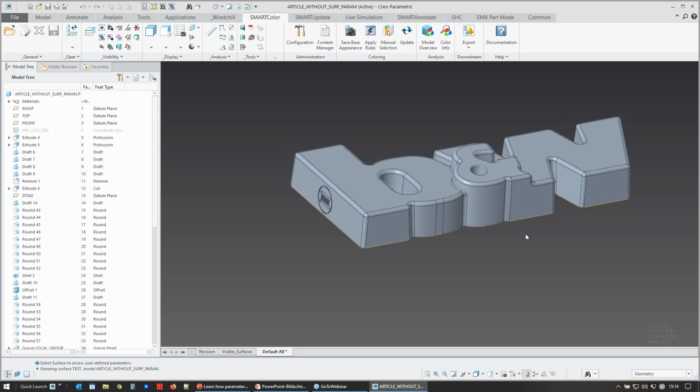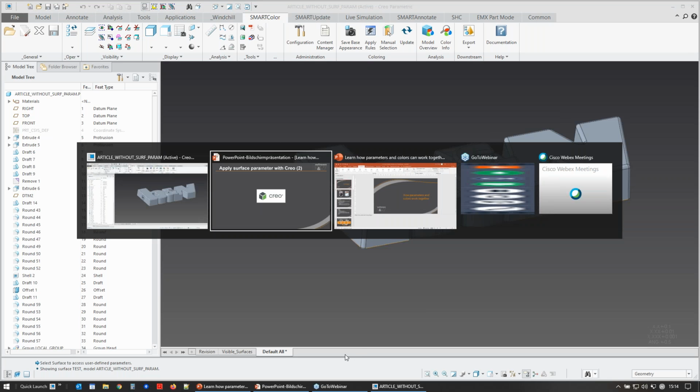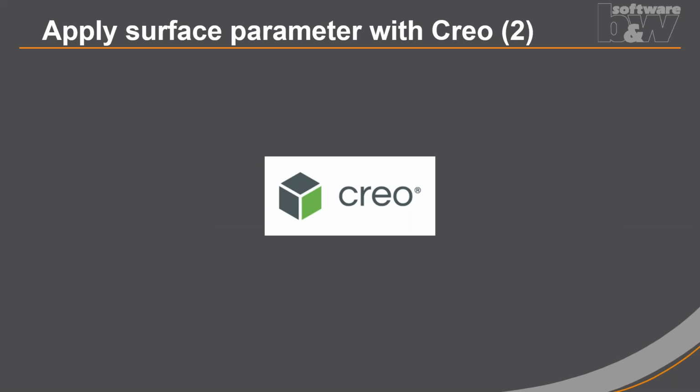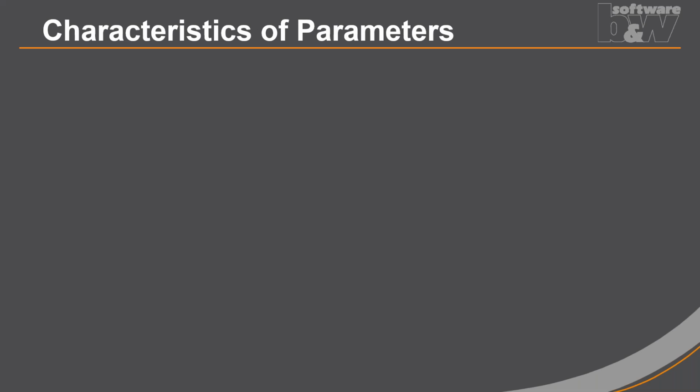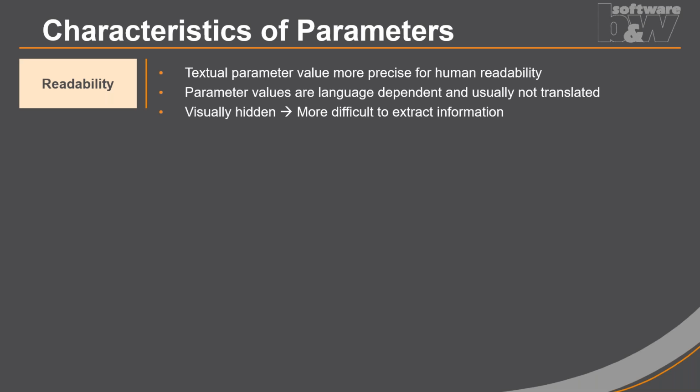Let's go back to the presentation once very quickly. Yeah, so let's talk a little bit in more detail about the parameters, about characteristics and comparison to colors.